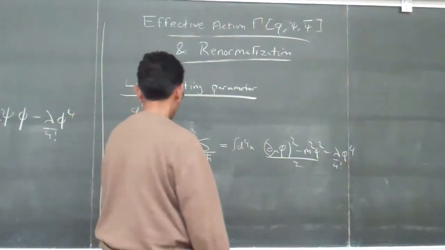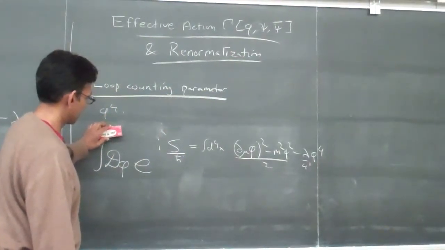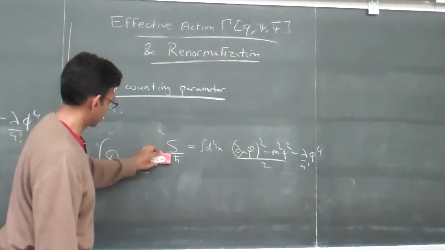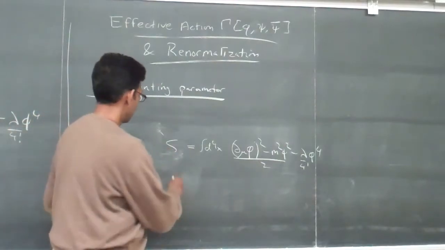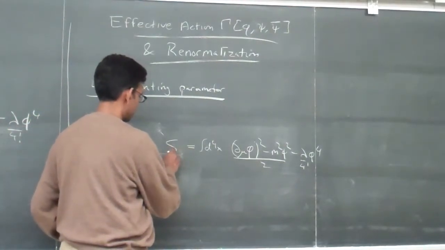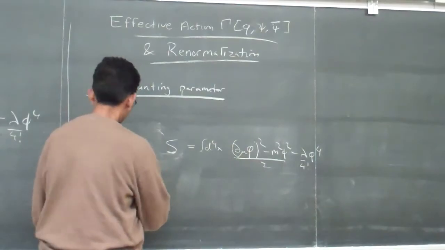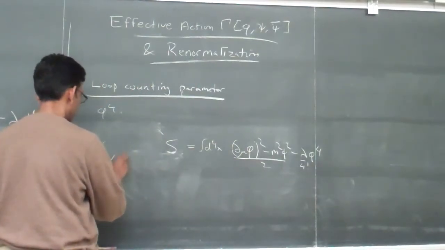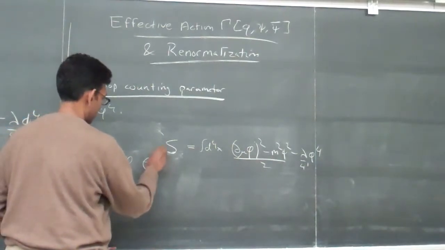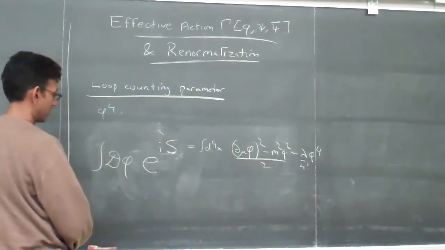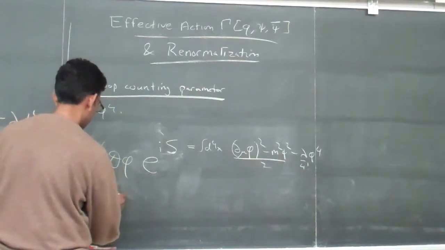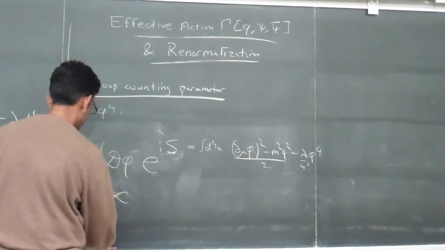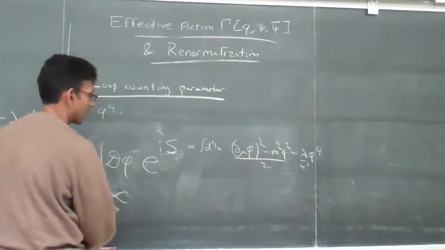So let me get rid of this, and just analyze the action. This is equal to this, more correctly. So we're going to rescale phi.